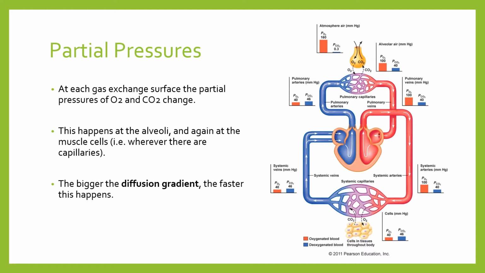When those things change, the diffusion gradient changes, and therefore the speed at which oxygen and carbon dioxide can be transferred between those two locations slows down. So altitude has an impact on the diffusion gradient. Let's talk this through in a little bit more detail though.